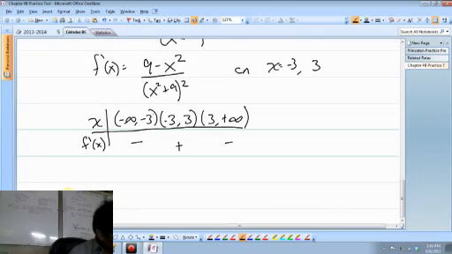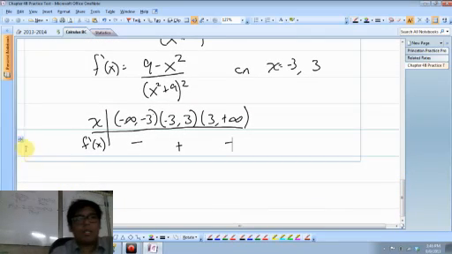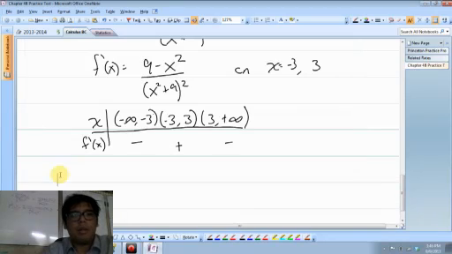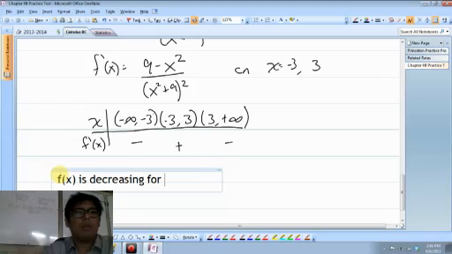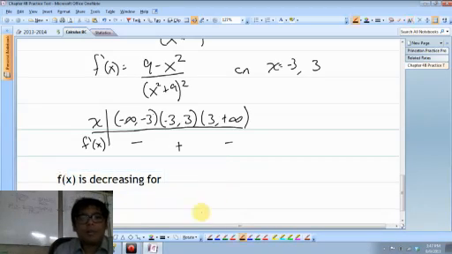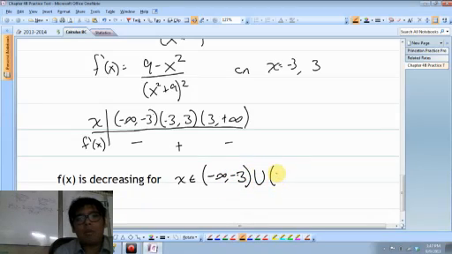So it seems as though f is decreasing. Let's just type this. F is decreasing for x between negative infinity and -3, joined together with 3 to positive infinity.